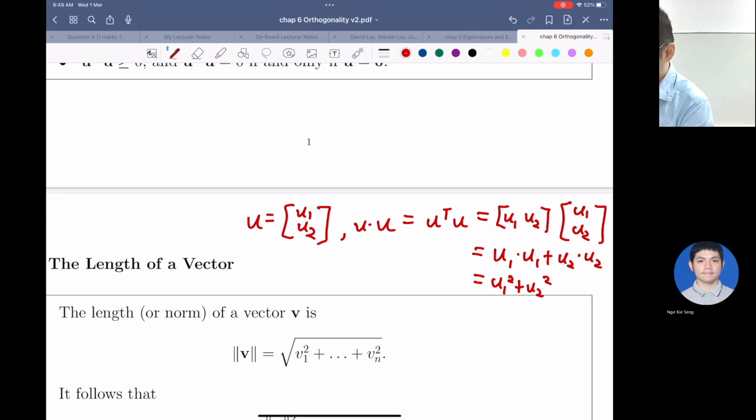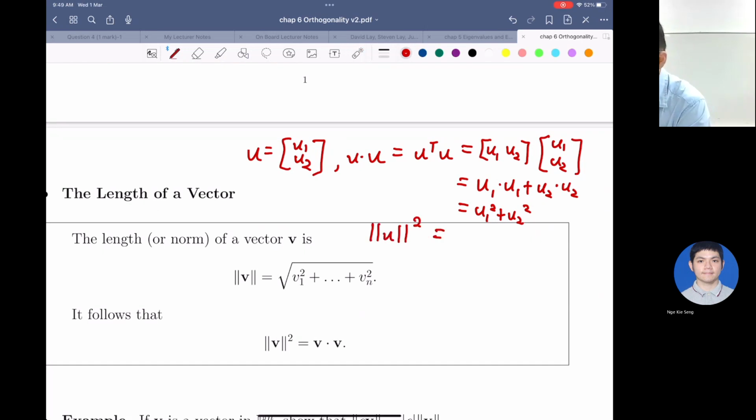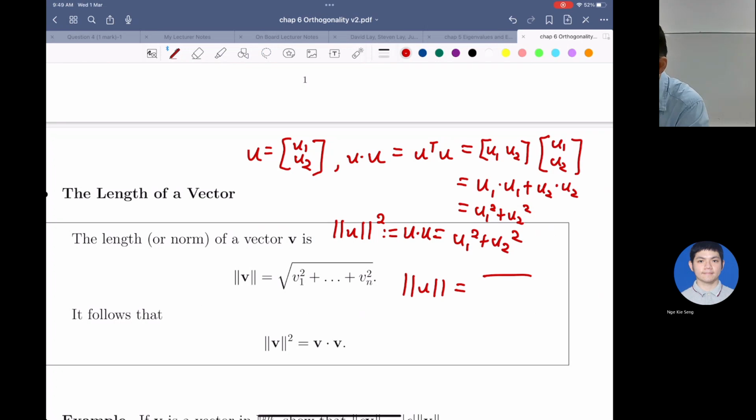So we define u dot u to be the norm of u squared equals u1 squared plus u2 squared, and if we square root both sides, we will get the length.